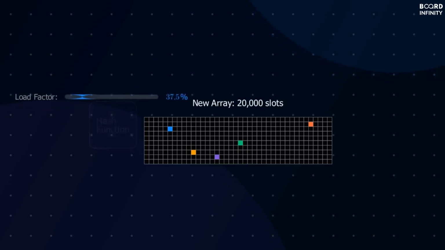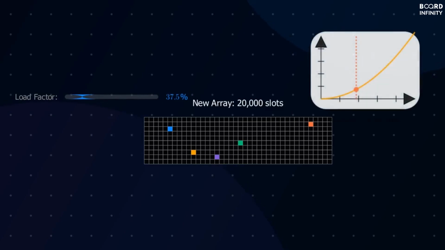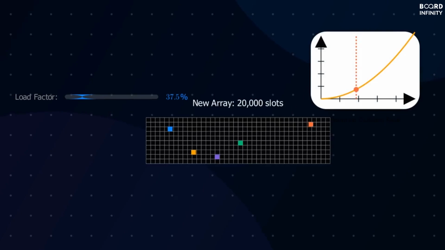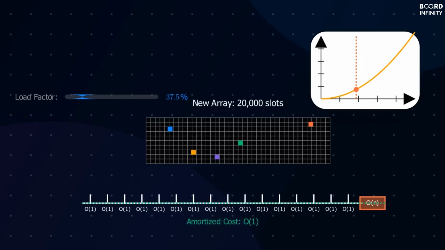This process effectively reduces collisions and restores constant time lookups by spreading out the data. While the individual resize operation is computationally intensive, its cost is amortized over many subsequent, faster operations. This is called amortized constant time, meaning the average cost per insertion stays O(1), because the O(N) resize happens infrequently.